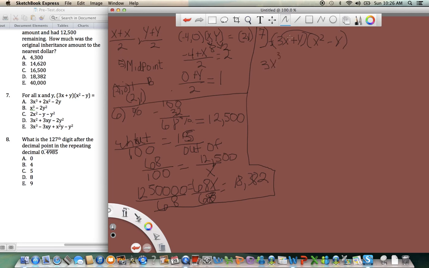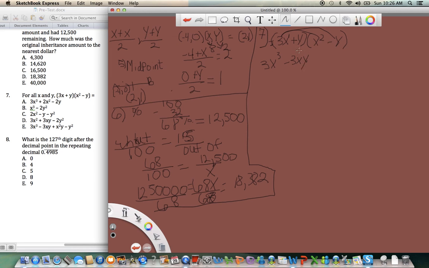Because remember, there's always like that little invisible one there. Multiply coefficients and add exponents. Then, first outer, 3x times negative y. Well, we've got a positive times a negative, so we're going to go minus 3xy.